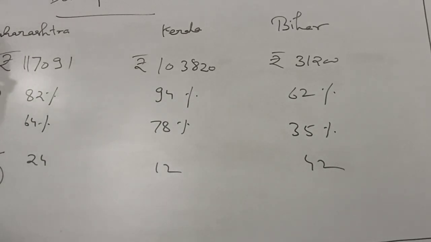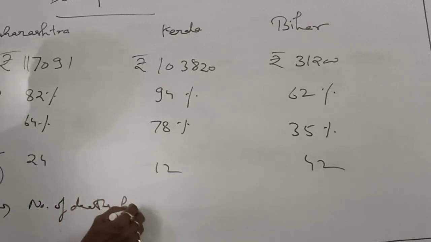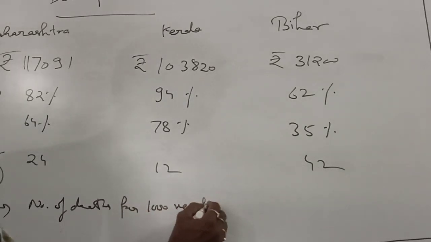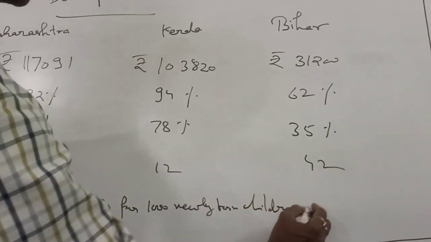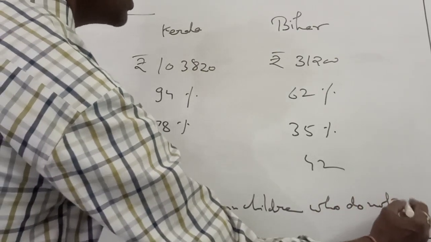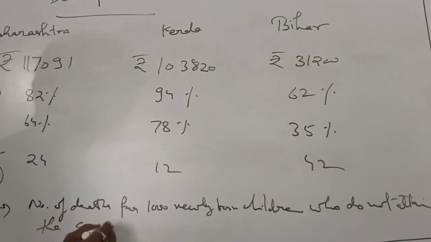So what is infant mortality rate? You can recall it: the number of deaths per thousand newly born children who do not attain the age of 1 year.